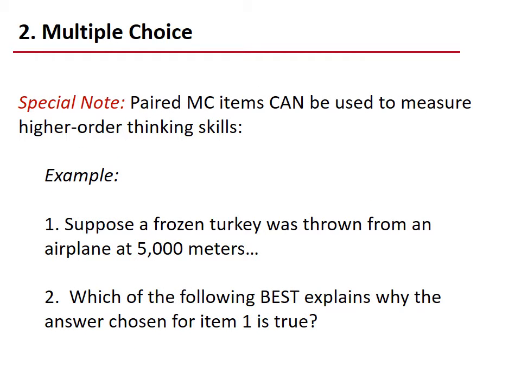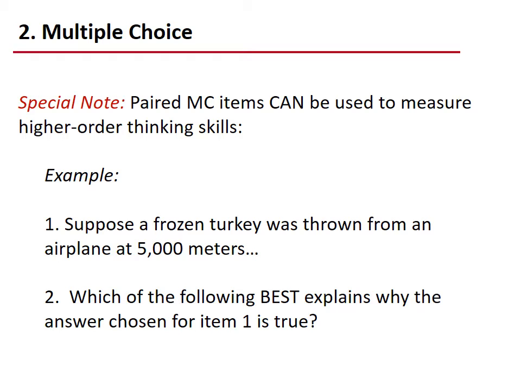And one final special note: when I was a science teacher, I used to measure intellectual skills pretty well using a strategy that I learned called paired multiple choice, where you do one multiple choice item that asks students to solve a problem or identify the correct answer to a problem, and then the next multiple choice item has them identify the reason why they picked the answer that they did.